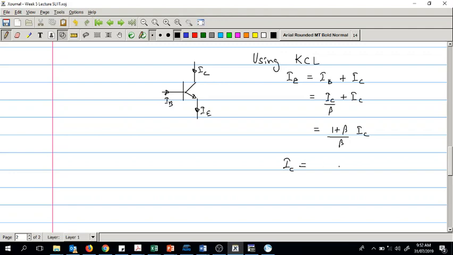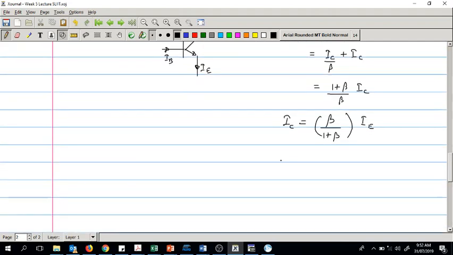So we can write IC is equal to beta over 1 plus beta IE, right? Now let's label this and let alpha be equal to beta over 1 plus beta.